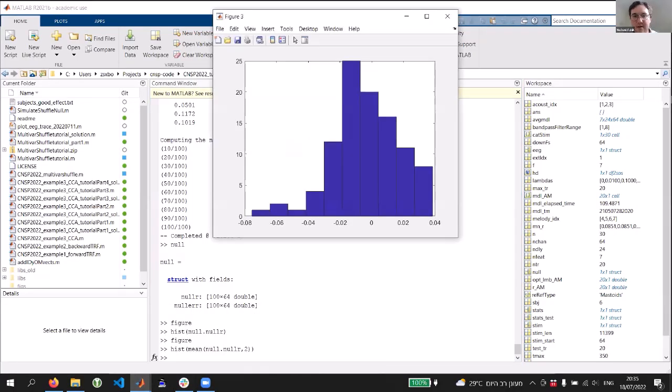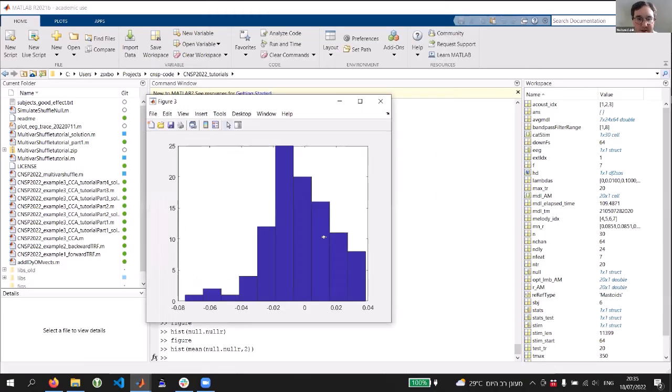Okay, so this one's a little bit skewed, but it's centered right around 0. What you would expect is that when you mismatch the data, on average, the correlation should be roughly 0. And there's some spread in the amount of correlation. If you're working with lower frequencies, the spread will get larger.